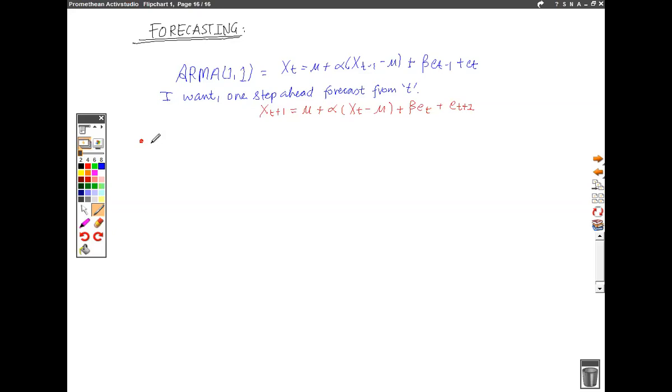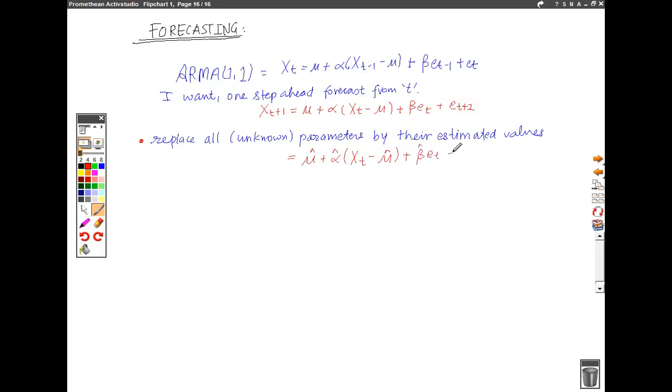So what will you get here? x_{t+1} will be equal to mu hat, then you also have the estimated alpha hat times (x_t minus mu hat), plus beta hat e_t plus e_{t+1}. So this is the first step.